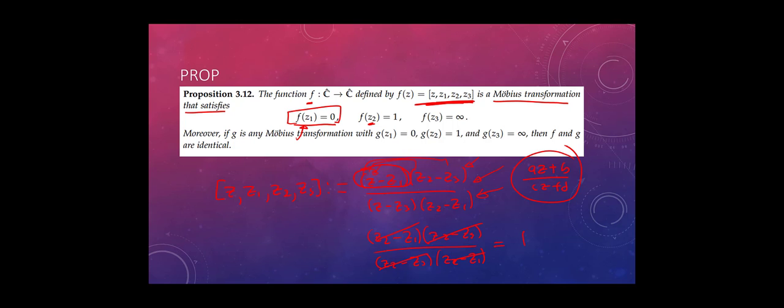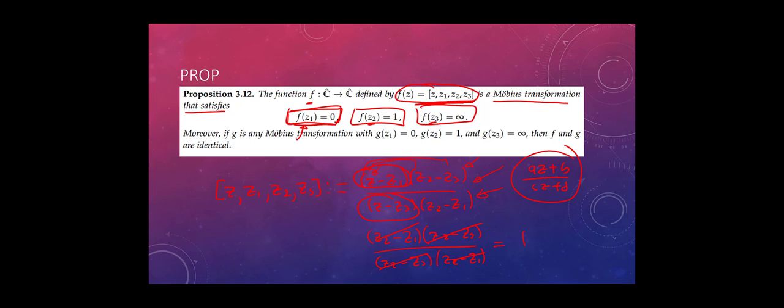And finally, like we said earlier, if you plug in z3 into this function, you're going to be dividing by 0, and remember in the extended complex plane, that's infinity. Okay, so that's the first part of this proposition. The cross ratio actually gives you a sort of factored Mobius transformation that does this to z1, z2, and z3.